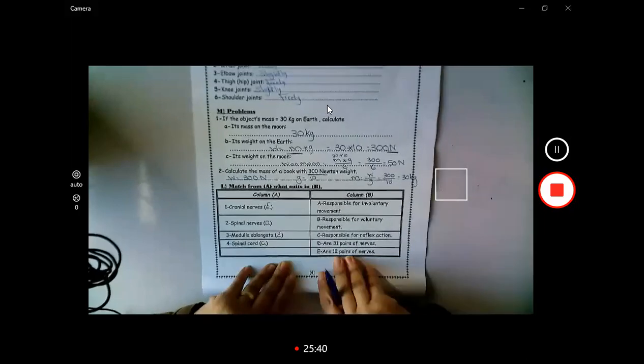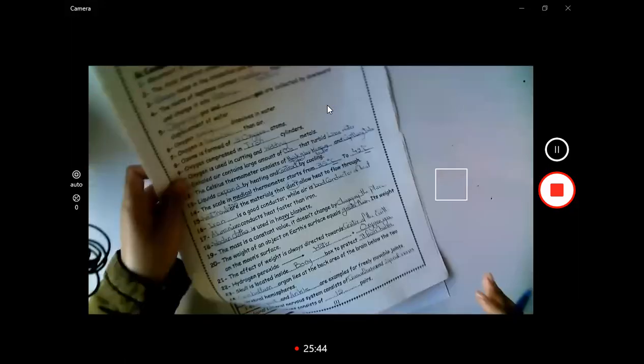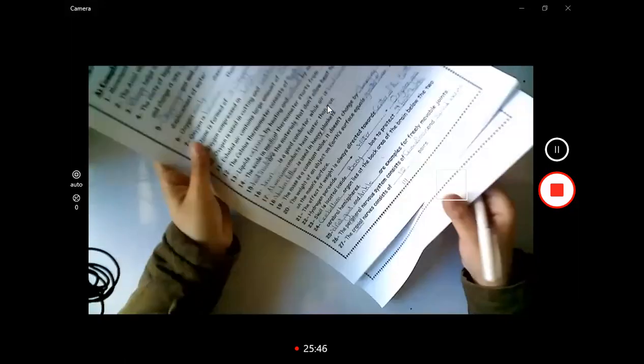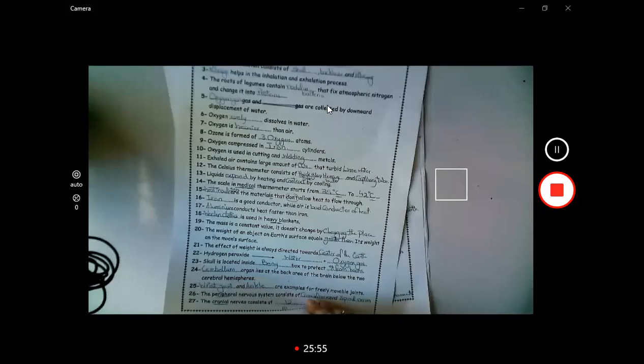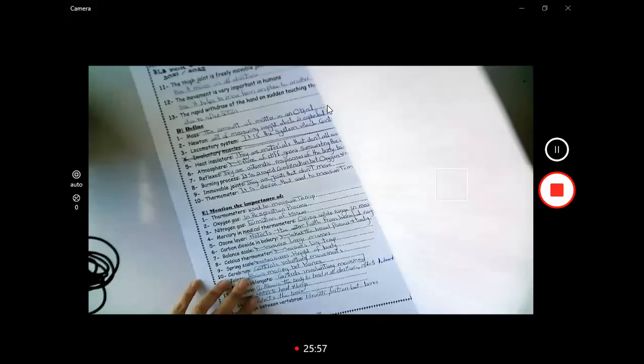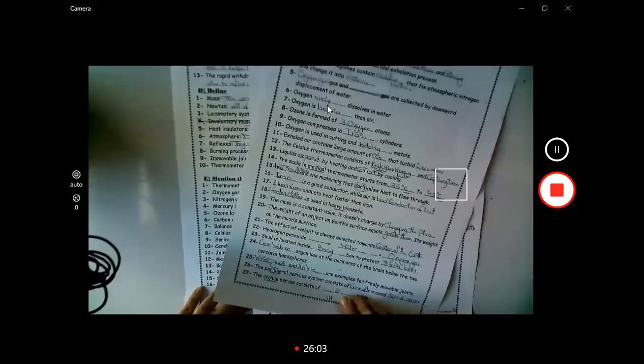That's your revision. I answered them all. Okay. Starting from give reason, I started by the give reason. Then I answered define. Then I answered the importance. After that, I answered complete.